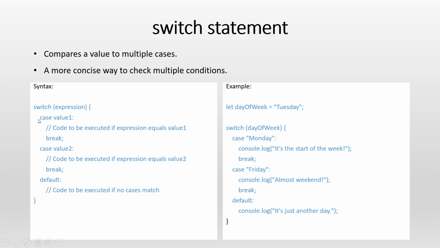The same thing can be written like this: case value, case value. So it is a more concise way to write multiple conditions, only that. Let us see the example here.